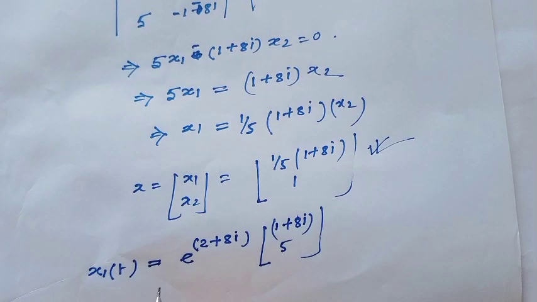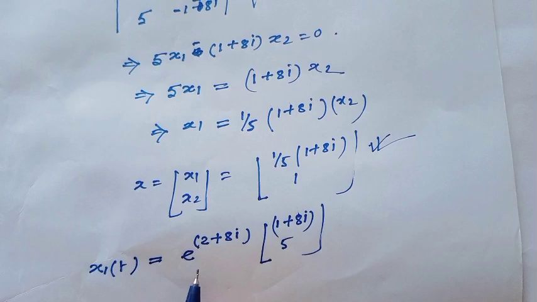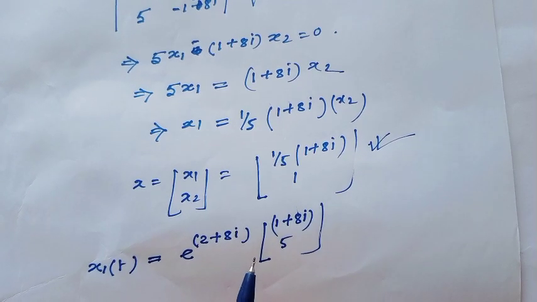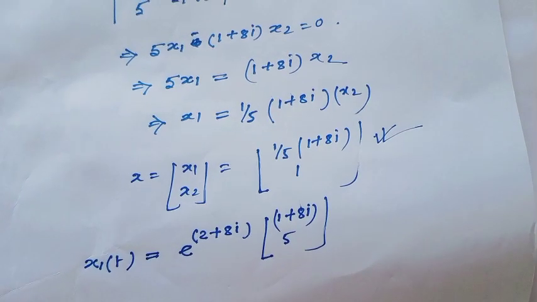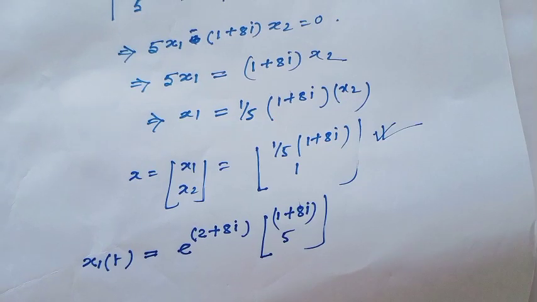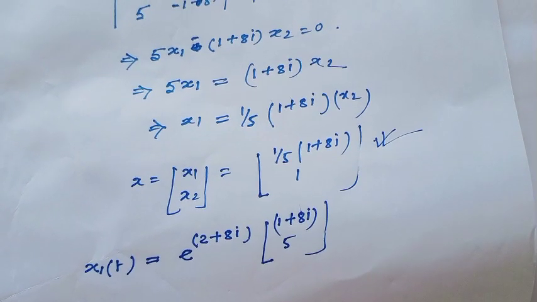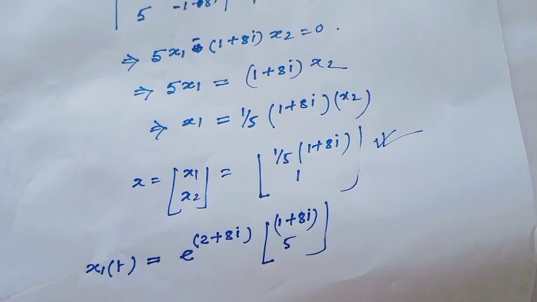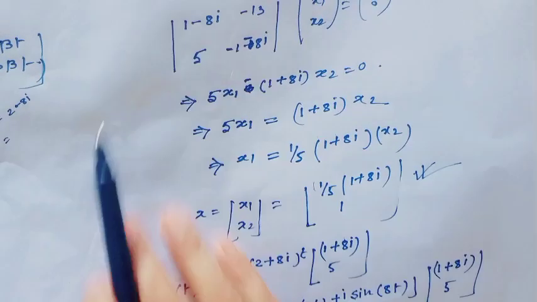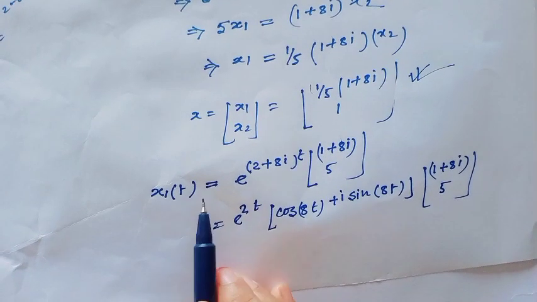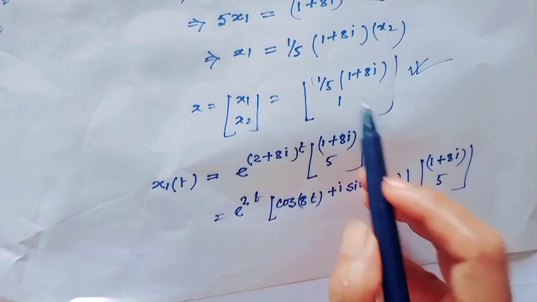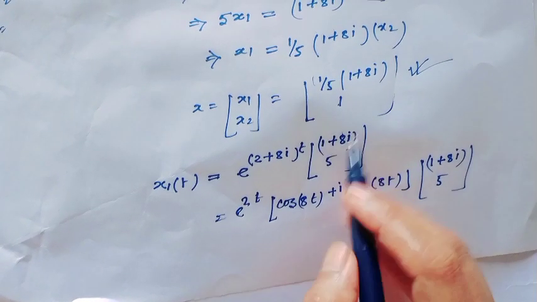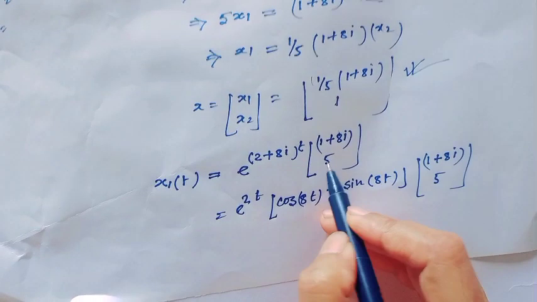Therefore, the solution would be of such type: x(t) equal to e to the power (2 plus 8i)t times the eigenvector (1 plus 8i, 5). Here I have considered only one eigenvector for 2 plus 8i, so we cannot take C1 here. With respect to the eigenvalue 2 plus 8i, the solution would be x(t) equal to e to the power (2 plus 8i)t times the eigenvector; I have multiplied the eigenvector by 5, giving (1 plus 8i, 5).